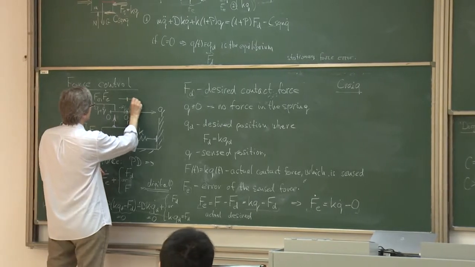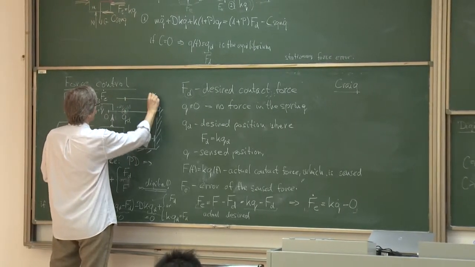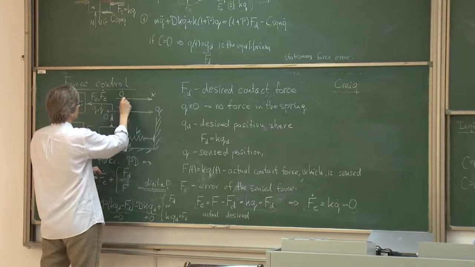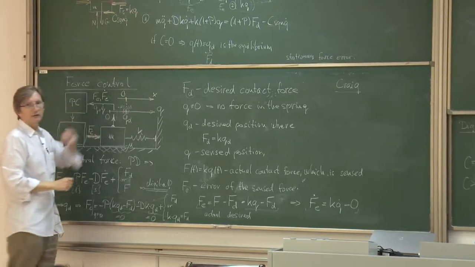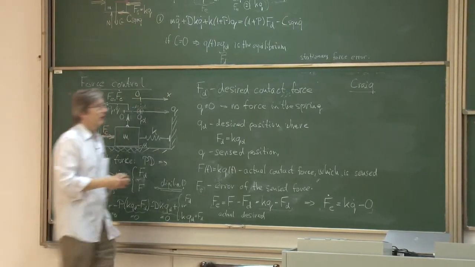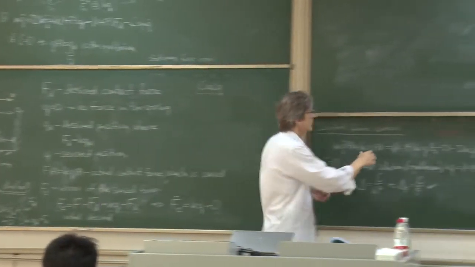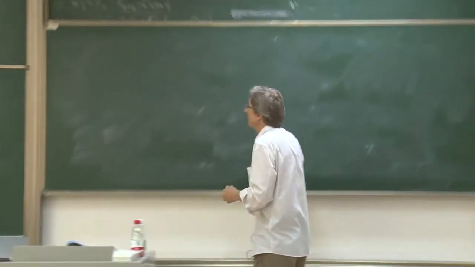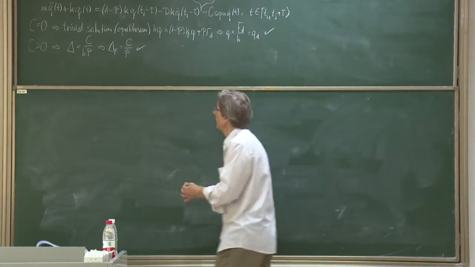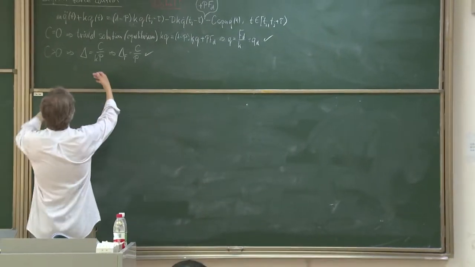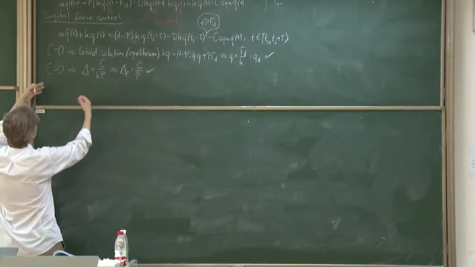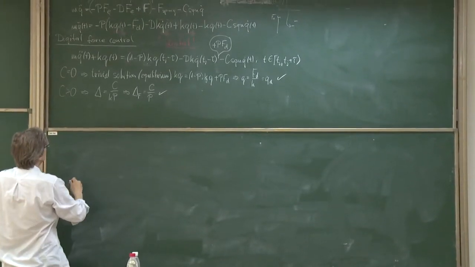This will be x, and it will have the 0 position when Q is equal to QD. So now we will say, let's transform it or linearize around Q equals QD.